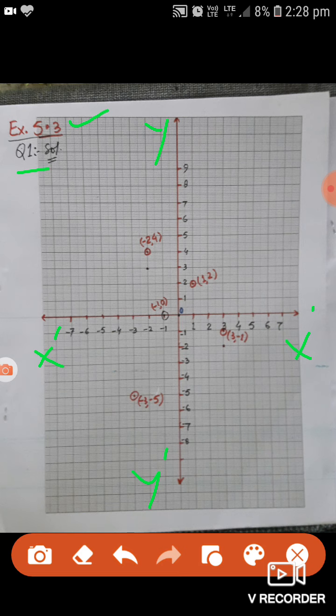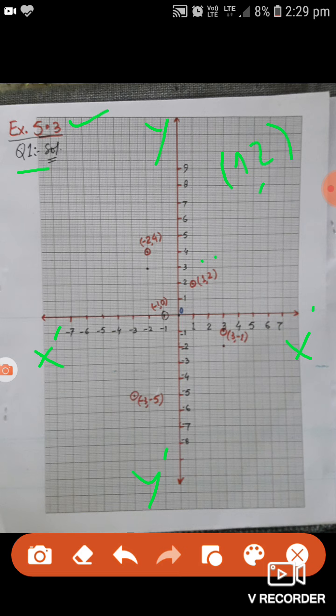Now the first point, for example, (1, 2), x is 1 and y is 2. It has both coordinates positive, that is, abscissa is positive and ordinate is positive, so (1, 2) will lie in the first quadrant.